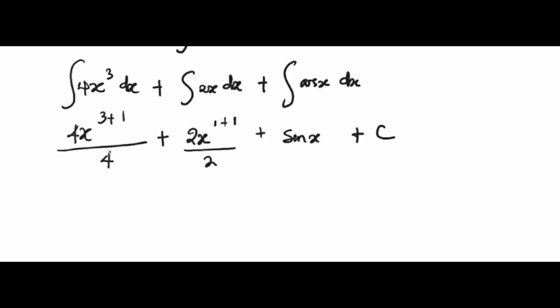Okay. So here 4 will cancel 4. So we have x raised to the power of 4. 2 will cancel 2. We have x raised to the power of 2, that's x squared, plus sin x plus c. As simple as ABC.